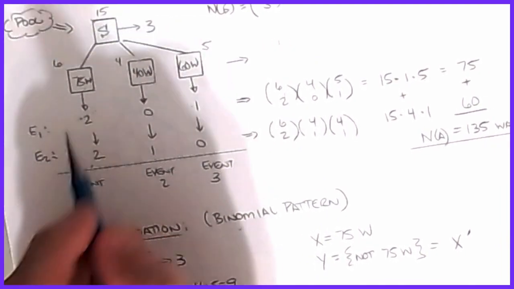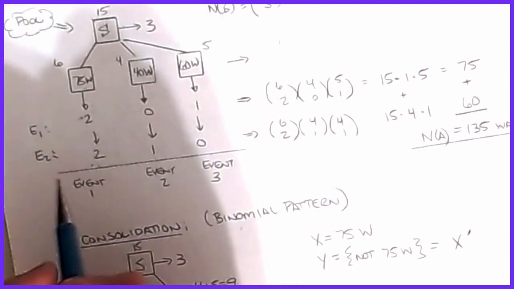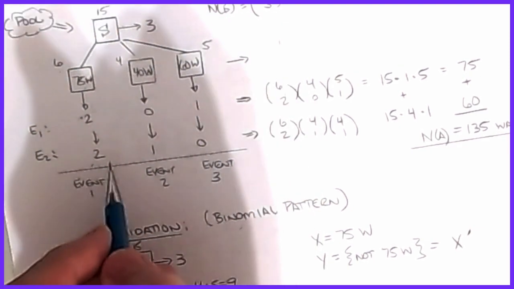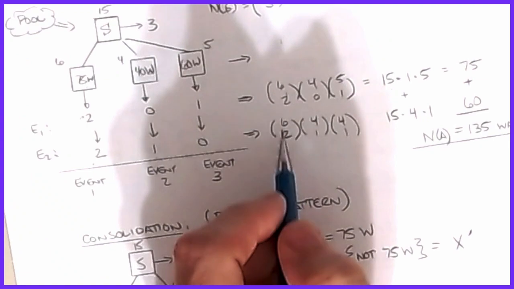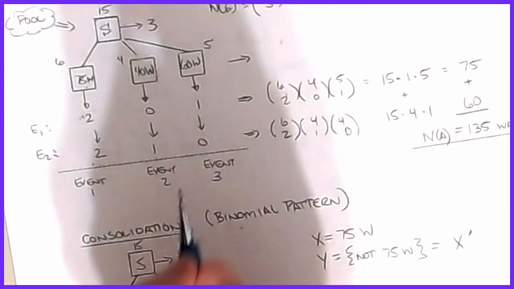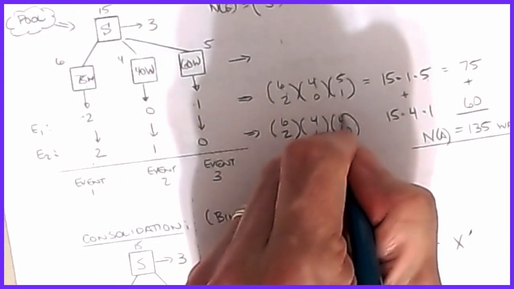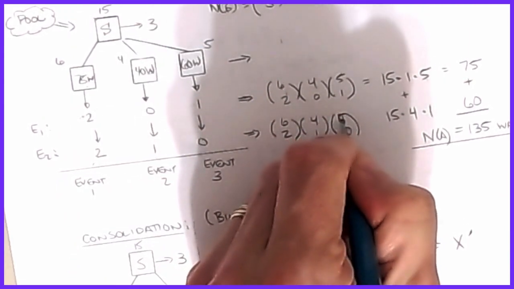Now the other event that satisfies the criteria, because we didn't specify what that third bulb could be, is a 2, a 1, and a 0. So now it's 2 on 6 and 1 on 4, and that should be a 0 on 5 there.